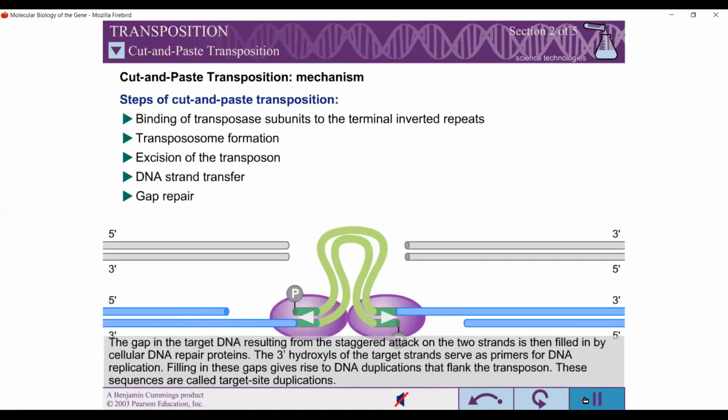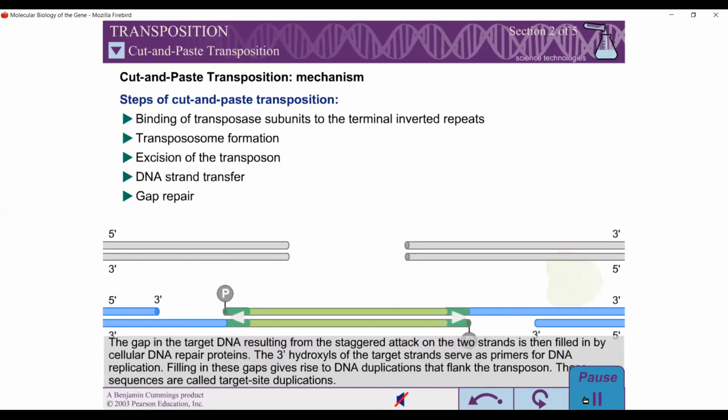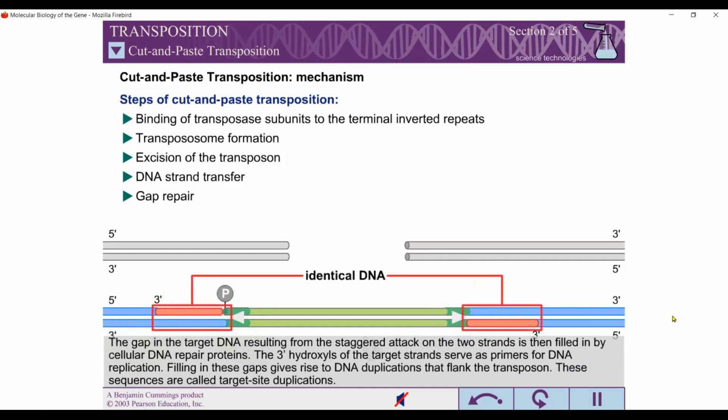Next, the gap in the target DNA resulting from the staggered cut on the two strands is filled up by cellular DNA repair proteins. So it's being filled up. And these filled up areas are basically direct repeats.